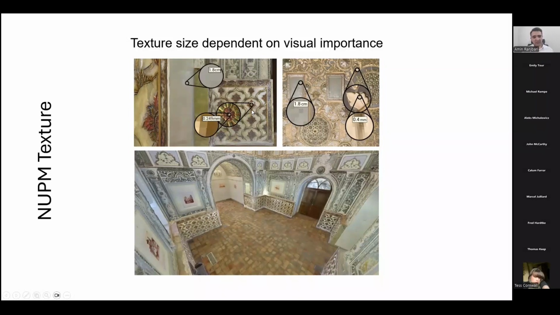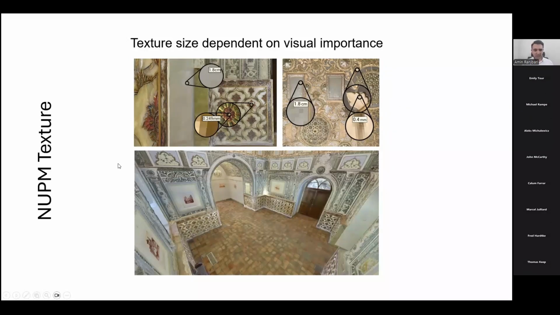And just next to that, some important surface gets the maximum resolution and the smallest pixels, which is 0.249 millimeters. And just like that, another part gets 0.4 millimeters, and this textureless mirror gets 1.8 centimeters. And eventually we have the non-uniform texture of the whole room, which seems quite natural and realistic.